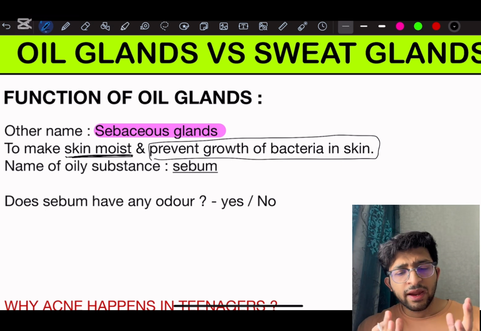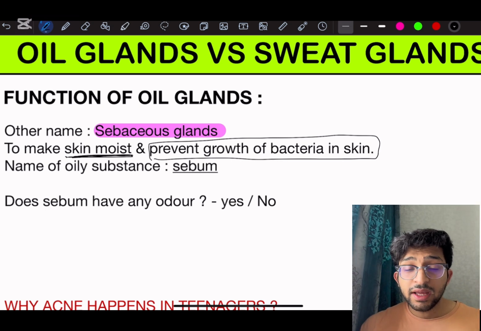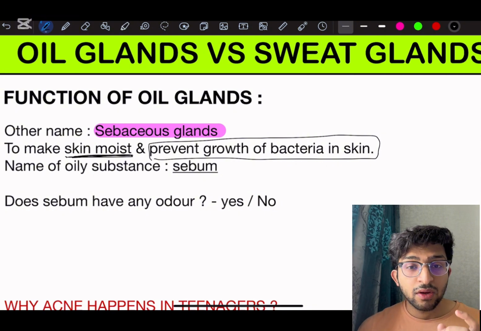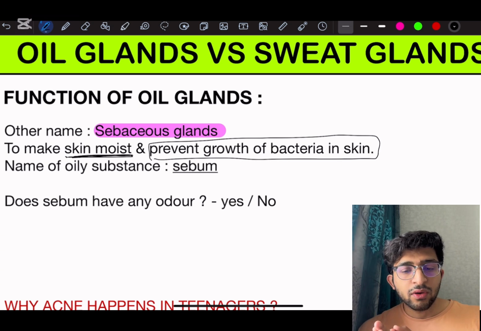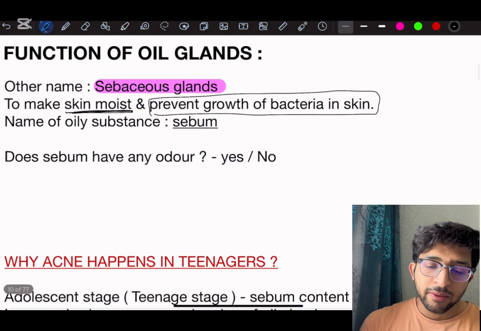Basically, in the oil glands, there is a substance called sebum. This sebum has specific acidic substances which are helpful to damage the cell wall of bacteria, and that's how bacteria will not grow on our skin and are prevented from going inside, right?